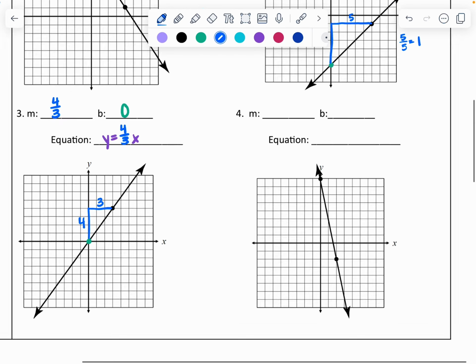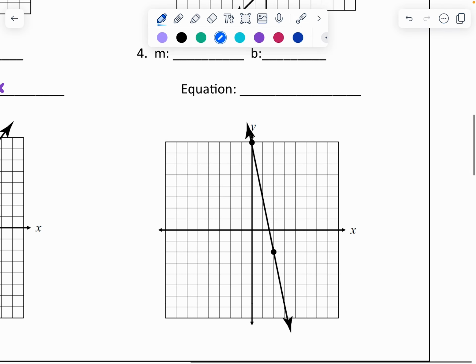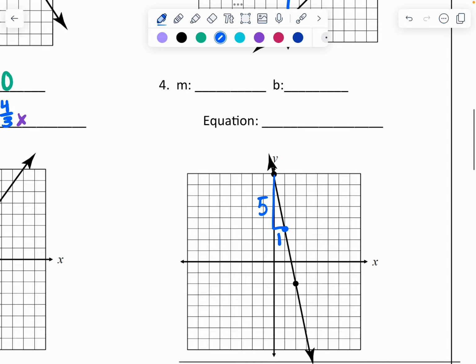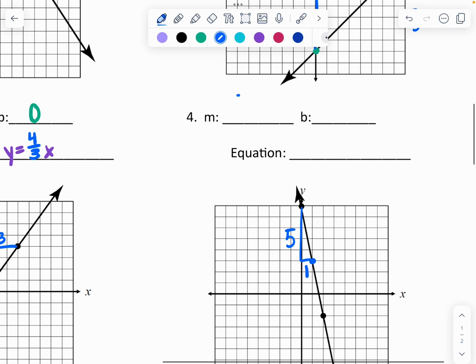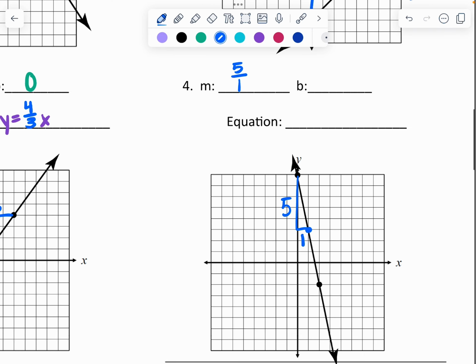Number 4. Let's see if there's any points closer together. I do see a cardinal point right here. So I will use this triangle, 1, 2, 3, 4, 5, and 1. So rise over run, 5 over 1. This slants downwards, so this is a negative slope.